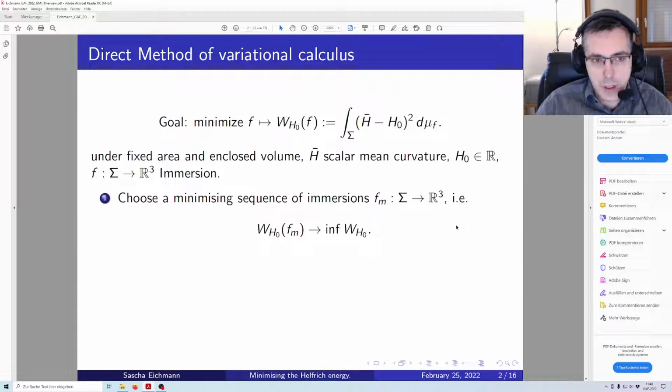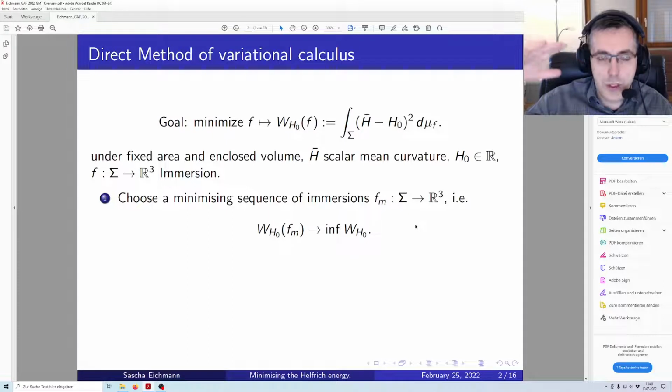And how do we proceed now? Of course, you somehow have to find a convergent subsequence of these F_m. This is by no means trivial, and the framework that we are trying to establish here is called geometric measure theory.